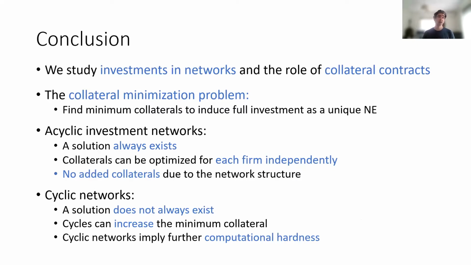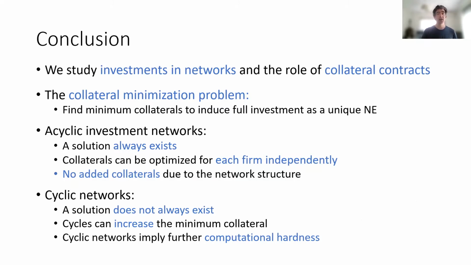So in conclusion, we study investments in networks, and we study the role of collateral contracts to affect these investment games. And we define the collateral minimization problem that asks to find the minimum collaterals to induce full investment as a unique Nash equilibrium. And we show that in acyclic investment networks, a solution always exists.